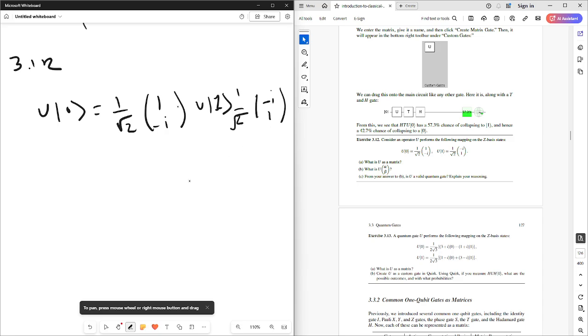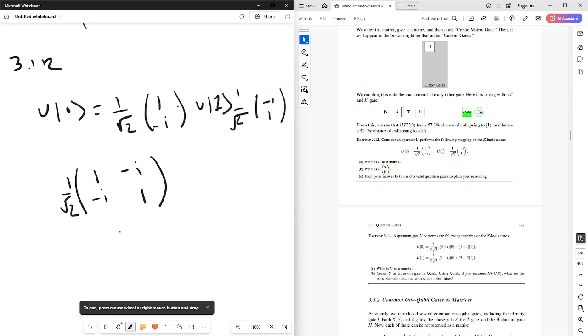How do we assess this as a matrix? Well, we've got these two column vectors, so let's combine them into our matrix. We could either distribute the 1 over square root of 2 or just leave it out because it's shared. So we have (1, -i) and (-i, 1).